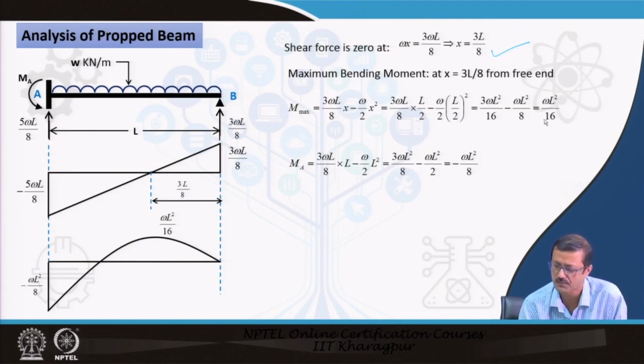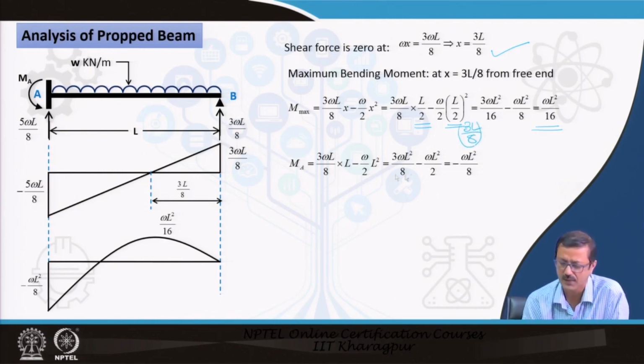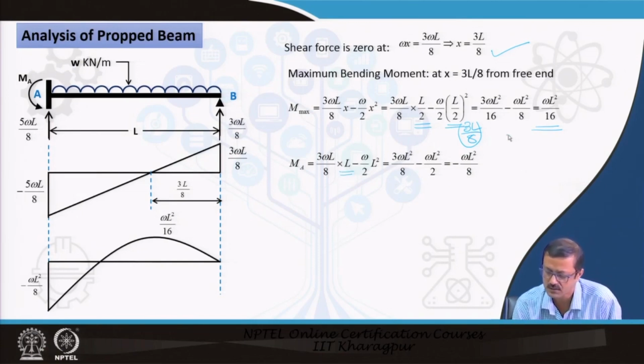There is some problem here, I will check this one and rectify it in my PPT. I think this is not correct, it has to be 3L by 8, this is a typing error. So, M A also I can find out, this I must check.